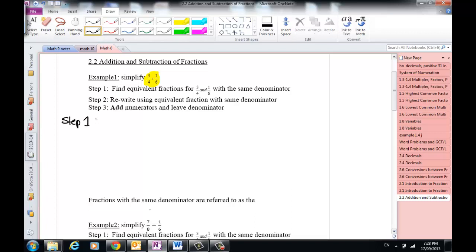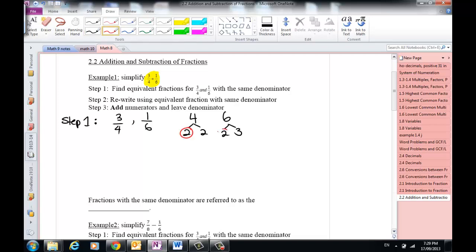So step 1, we want to find a common denominator for 3/4 and 1/6. And we can actually just use our lowest common multiple, just like we did last unit. We're looking for a denominator, so we're looking at 4 and 6. We can do our factor trees. What do they have in common?